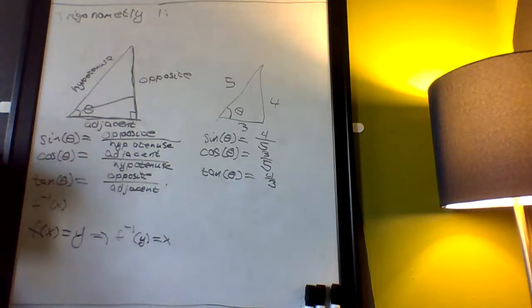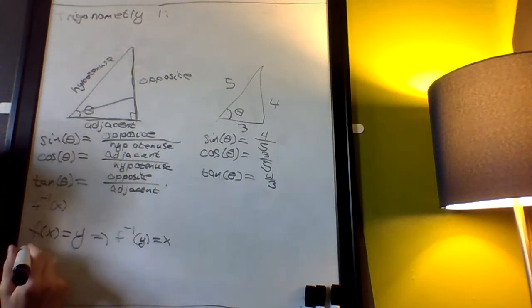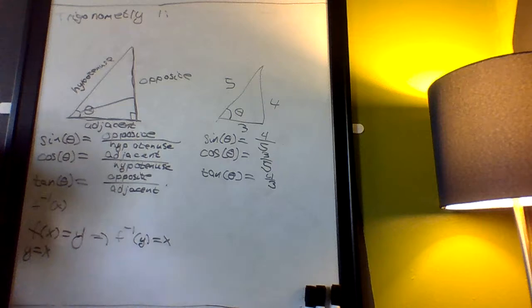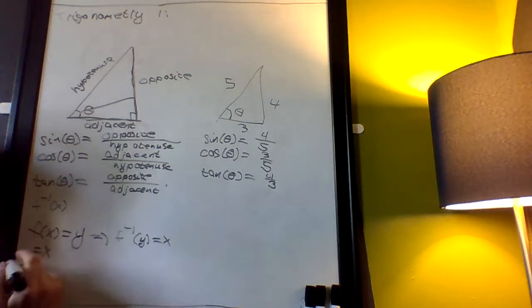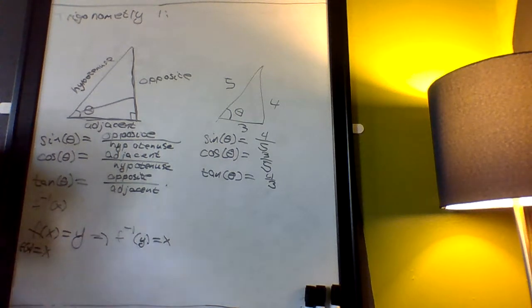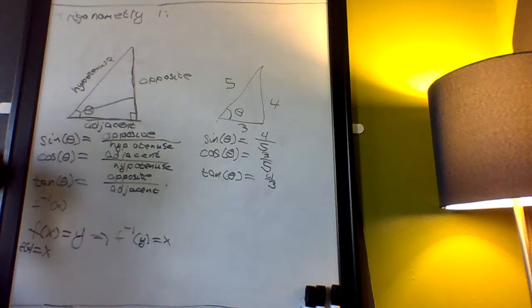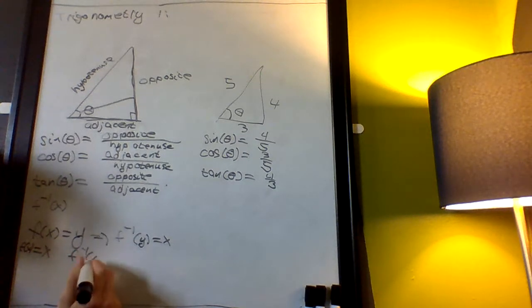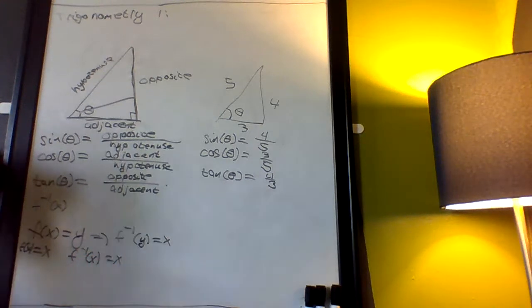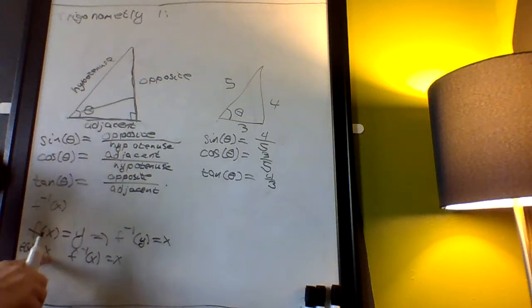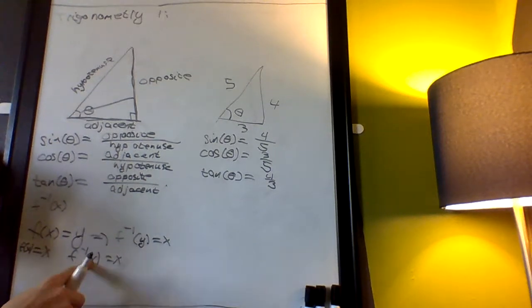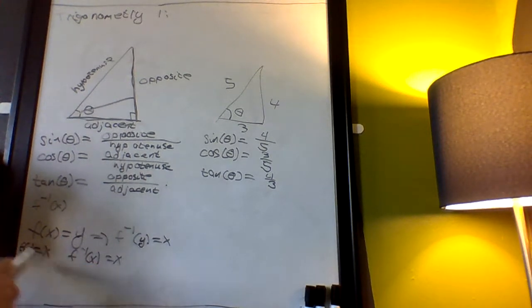As an example, say f of x is equal to x. So we can say that f inverse of x is also equal to x. Pretty simple.